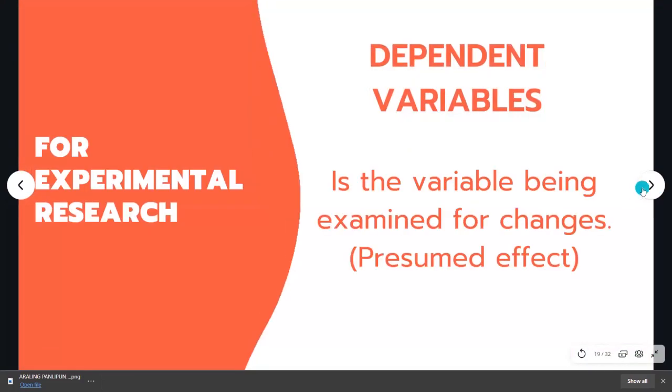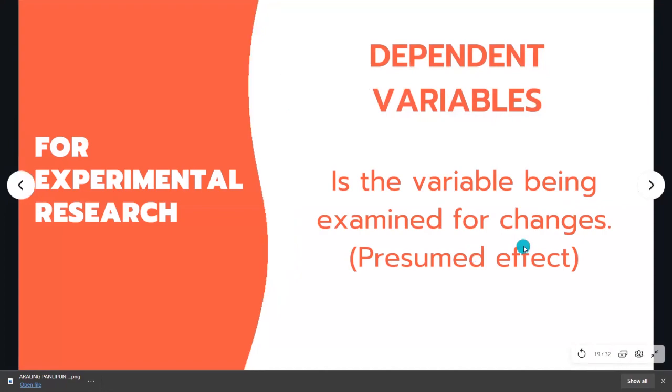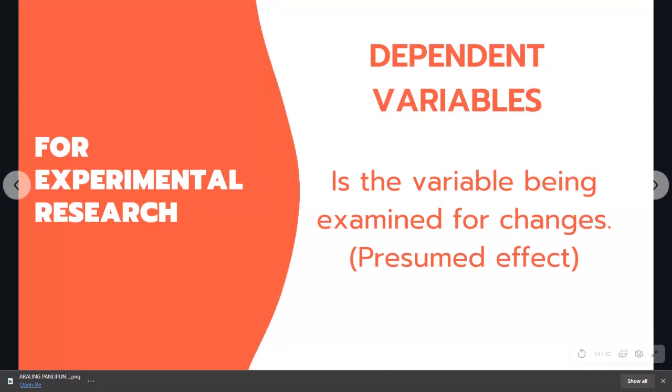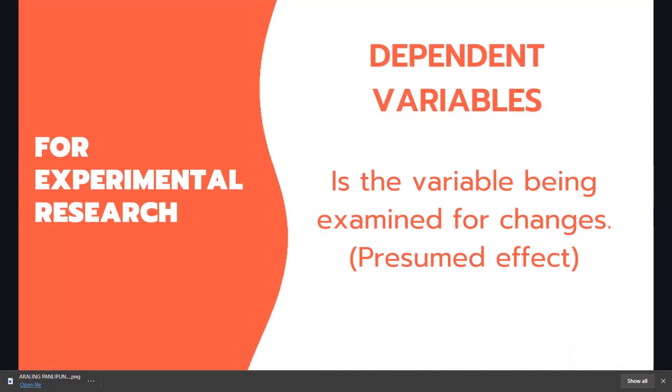So ang dependent at independent variables ay makikita lang natin sa experimental research kasi dito may manipulation of data. So dependent variables are variables that change because of another variable. These are usually affected by the manipulation of the independent variable.